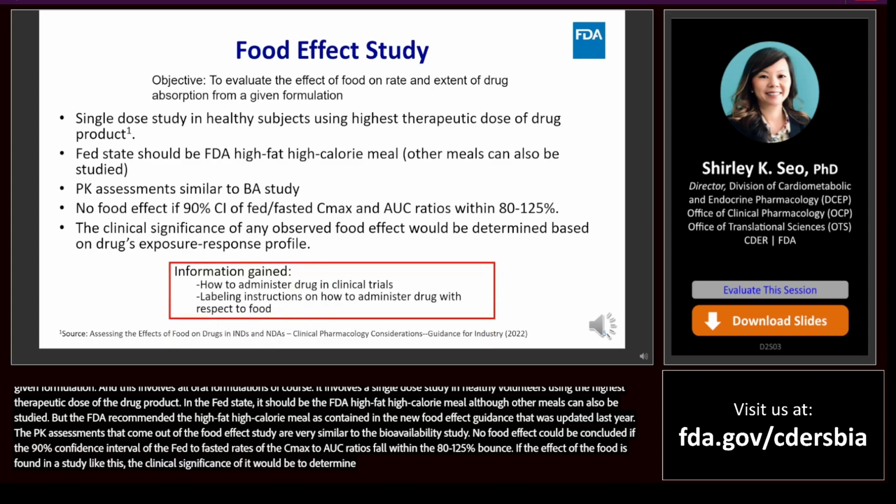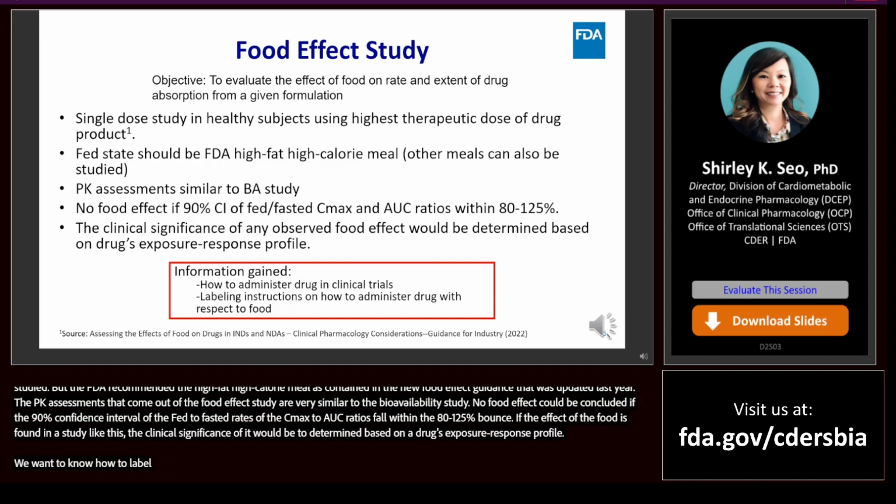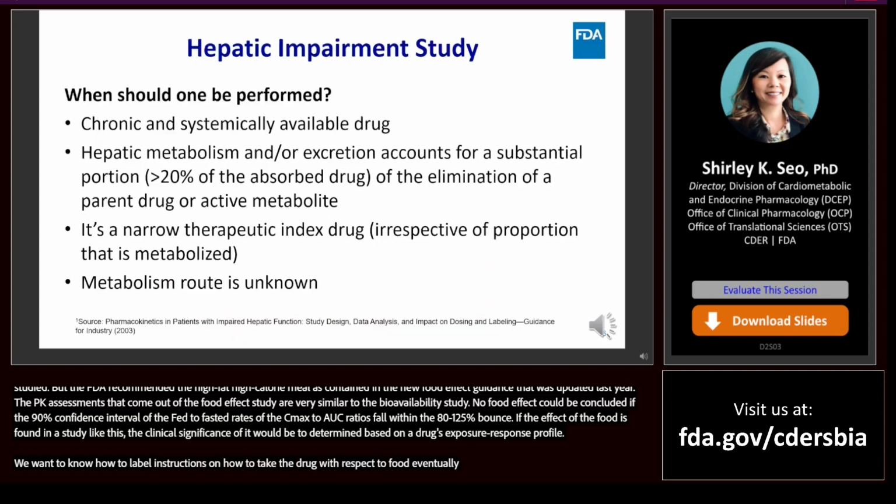What we would hope to learn from a food effects study is how to administer a drug in clinical trials, as well as how to label instructions on how to take the drug with respect to food, eventually in the drug labeling for patients and healthcare providers.